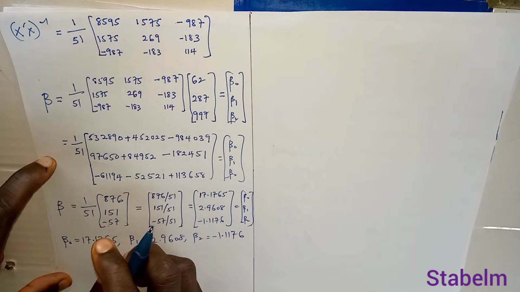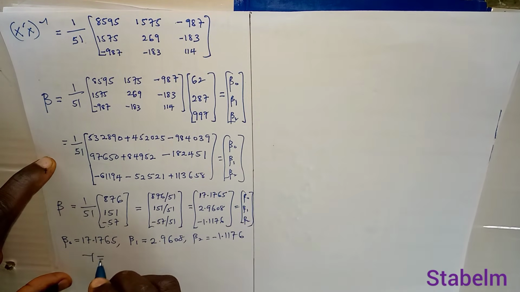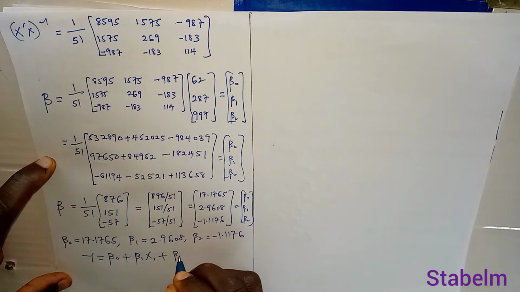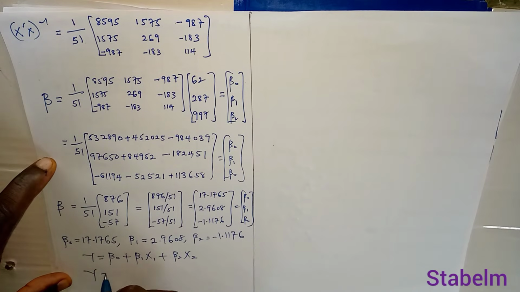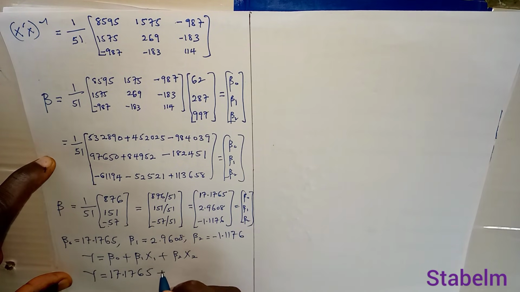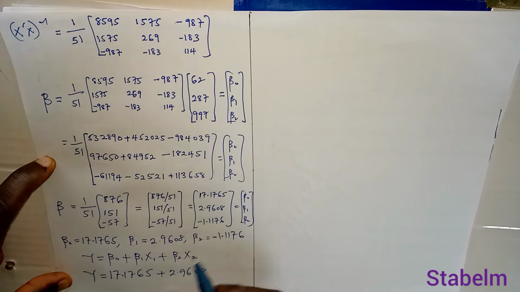Now our multiple linear regression model, which is y equals beta naught plus beta 1 x1 plus beta 2 x2, will become y equals 17.1765 plus 2.9608 x1, and don't forget that our beta 2 is negative, so this minus is affecting this, minus 1.1176 x2.